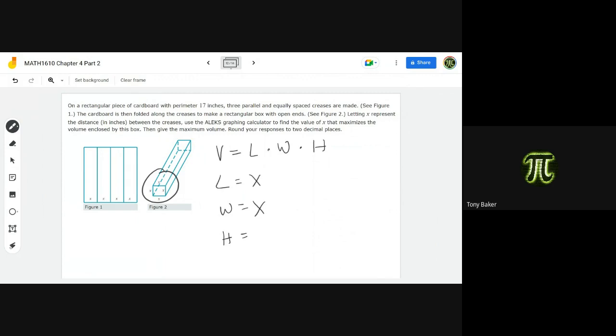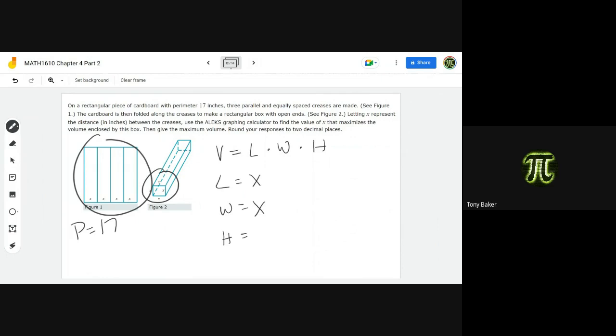What's the height? Why? They've got to be in terms of X's. What else have they given you in this problem that we haven't used yet? 17. So the perimeter of this is 17.